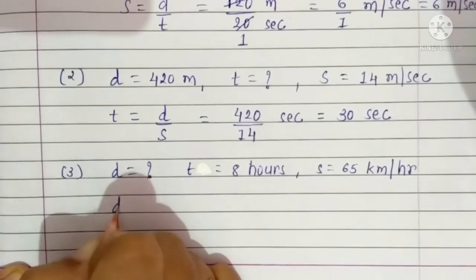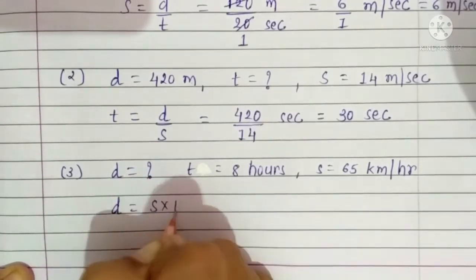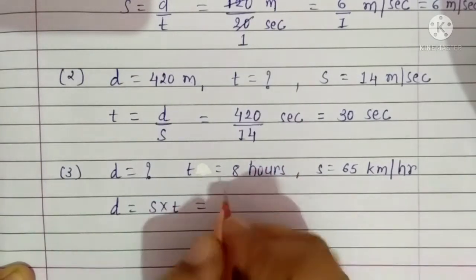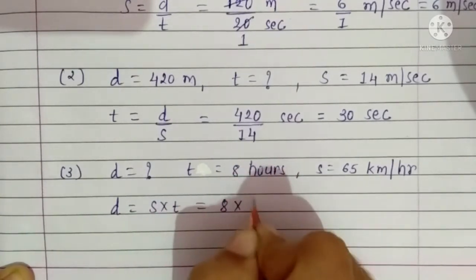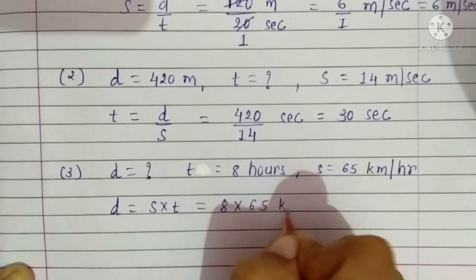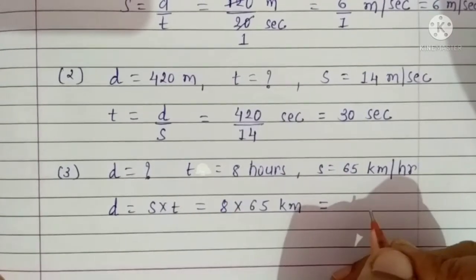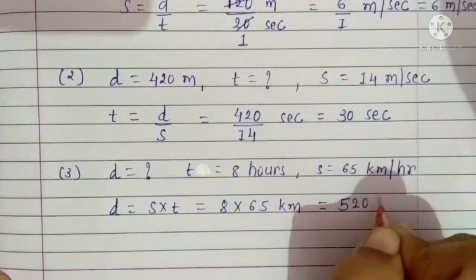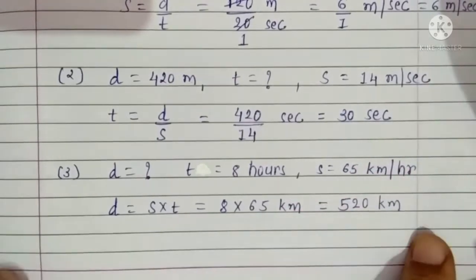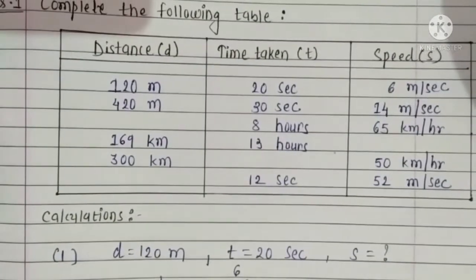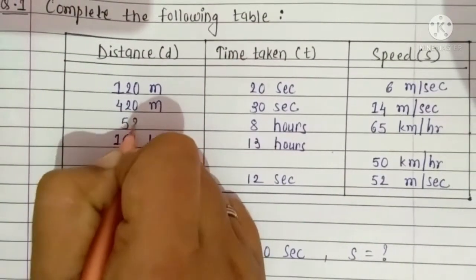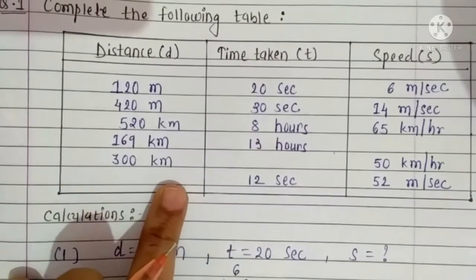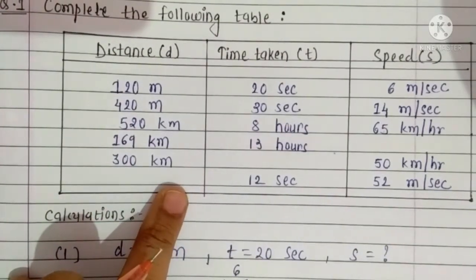According to formula we have D is equal to S multiplied by T. We put the value of S and T in this formula. We get 8 multiplied by 65 kilometer. On multiplication, we get answer 520 kilometer. So here we will put 520 kilometer. Remaining 3 you will do in your homework.